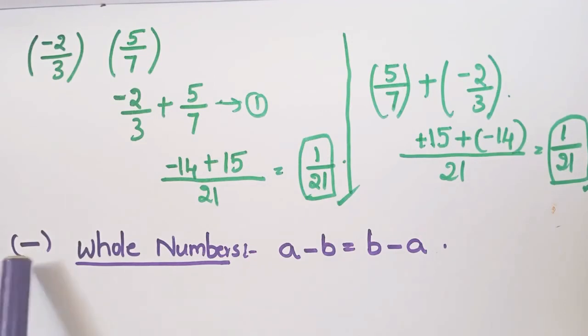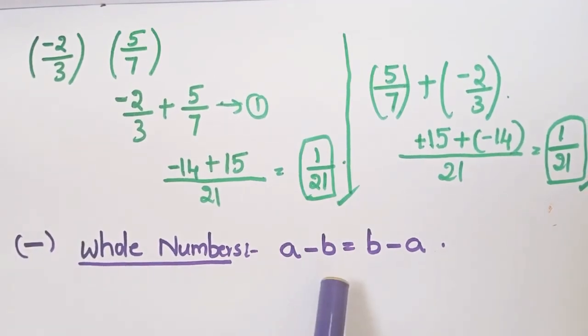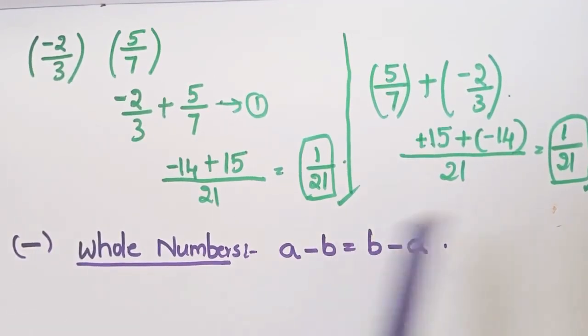When I am checking it for subtraction, A minus B must be equal to B minus A. That means reordering of the numbers should not change my result. Let us check whether subtraction is commutative or not.